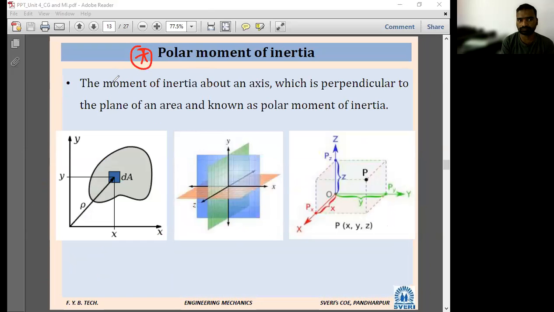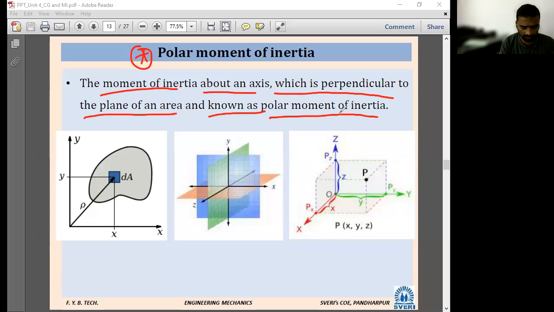Polar moment of inertia: the moment of inertia about an axis, which is perpendicular to the plane of an area, is known as polar moment of inertia.